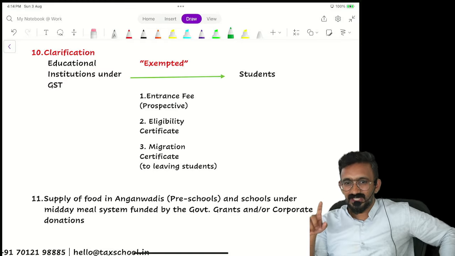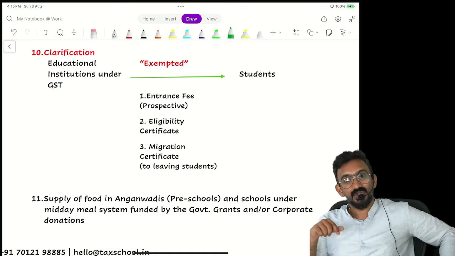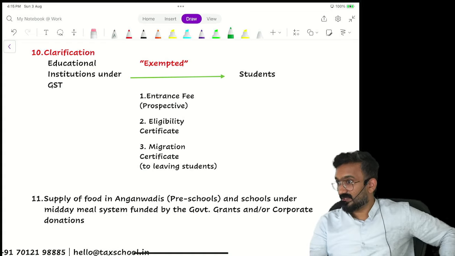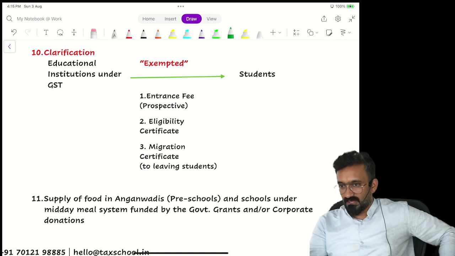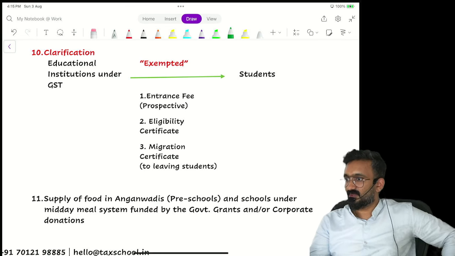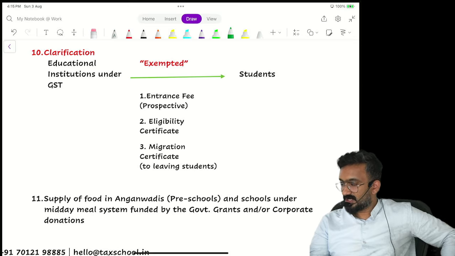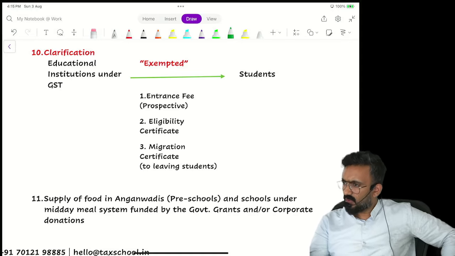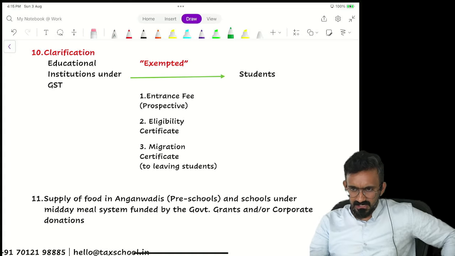I asked for the certified copy in the capacity of a student. So student does not mean student always. At that time they should be a student. If I ask in the capacity of a student, like entrance exam fee, prospective students, eligibility certificate given to a new student or leaving student, or migration certificate for a student going into a new institution, all of this will still be exempt.